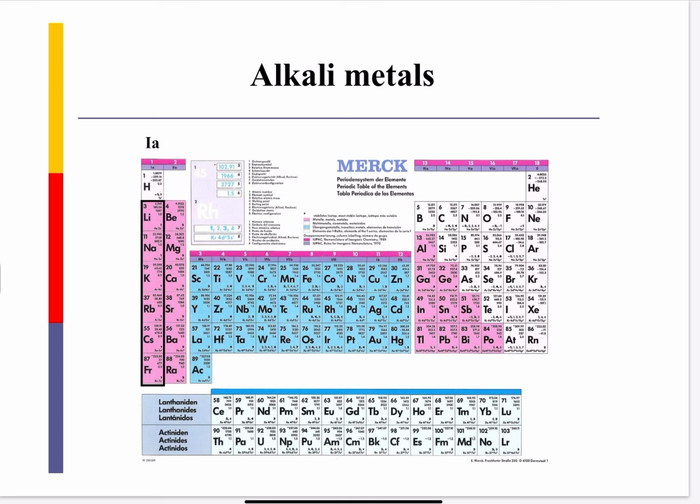Alkali metals are in the first group from the left, under hydrogen, and they are lithium, sodium, potassium, rubidium, cesium, francium. The electron configuration of this group is ns1.